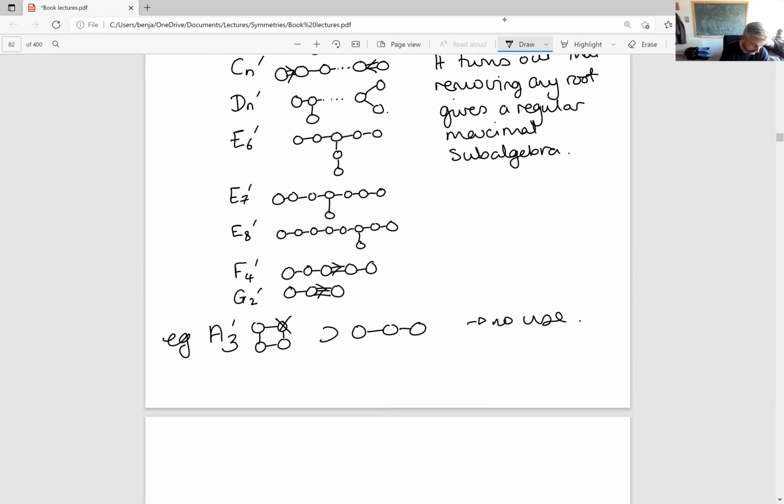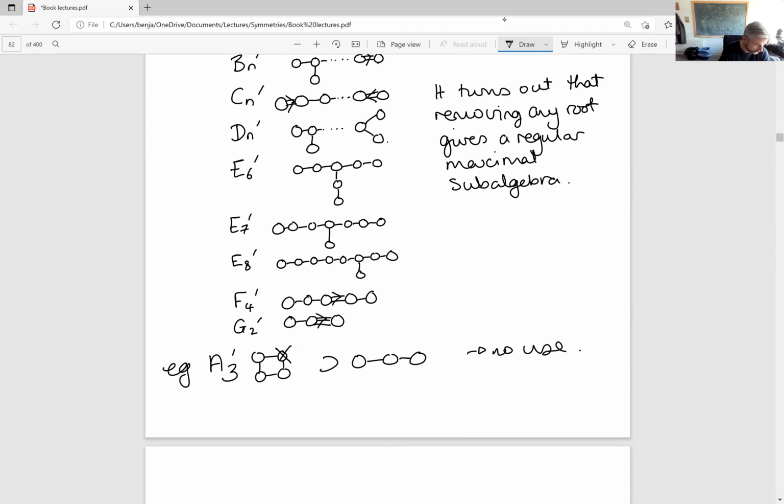Let's take a more helpful example, B4 prime. So B4 prime looks like this. Okay, so we can remove various roots. So if we remove this right-hand one, we get this, or if we remove the middle one, of course, then we have this.